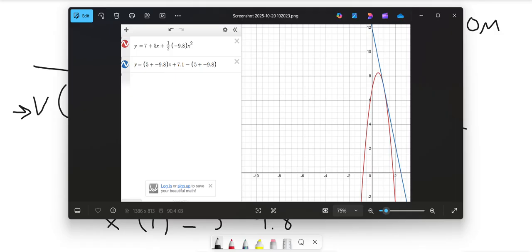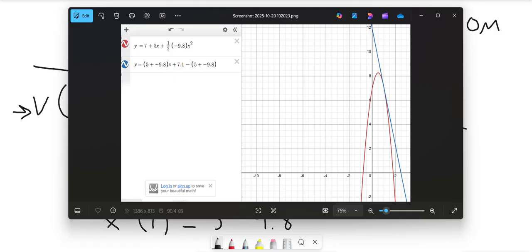This presumes an initial height of 7 meters, an initial upward velocity of 5 meters per second, and the acceleration due to gravity of negative 9.8 meters per second squared. When x is 1, you can see the blue line that is tangent to the red curve at x equals 1. The slope of that blue line is 5 minus 9.8. That line is exactly tangent to the red curve at x equal to 1.